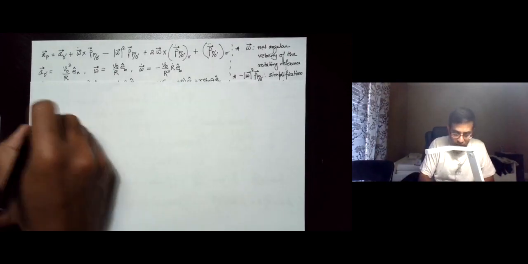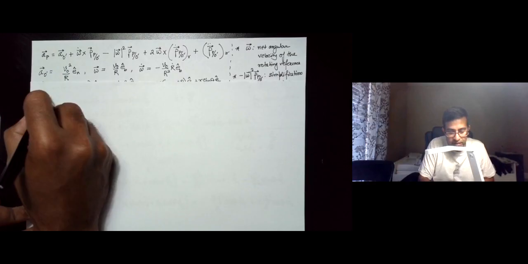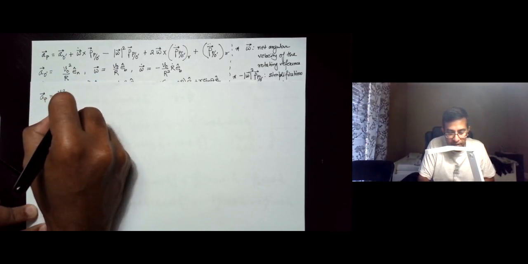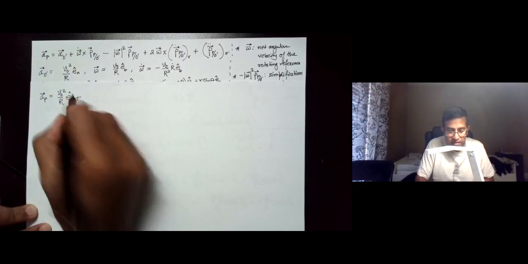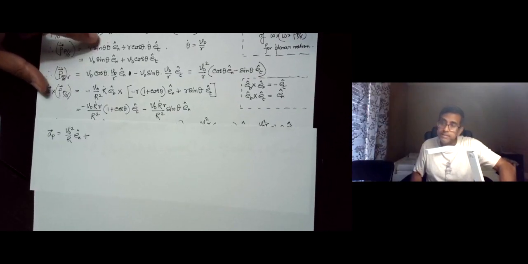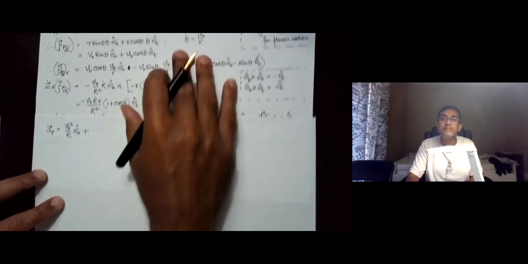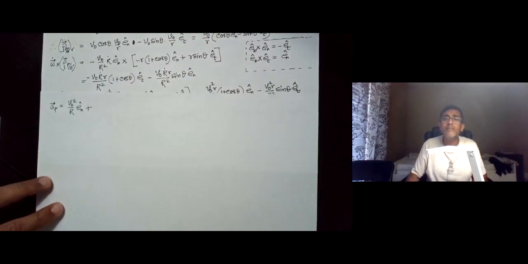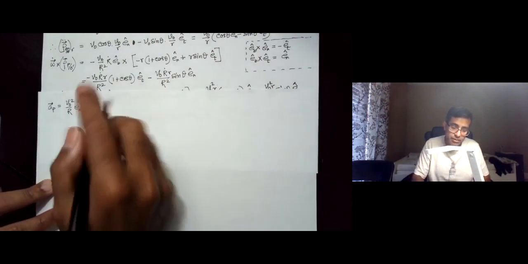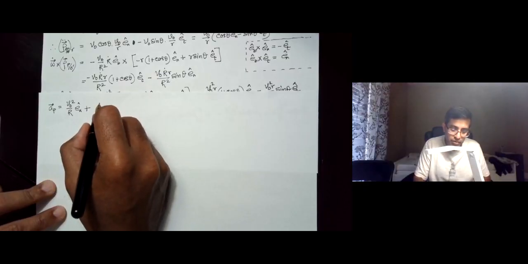Alright, so AP is then equal to AO, which is V naught squared over capital R En plus omega dot cross rho, so we will take that term here, that's the expression for omega dot cross rho.